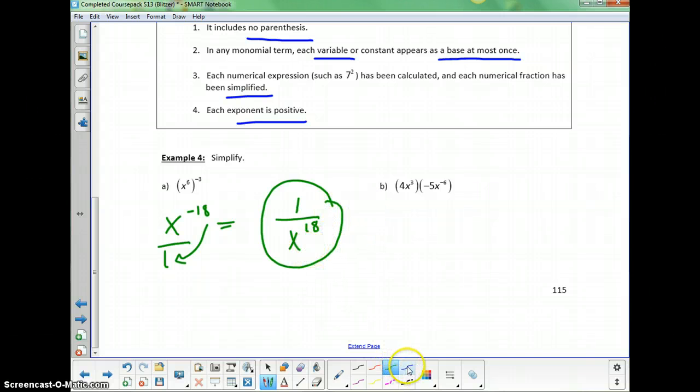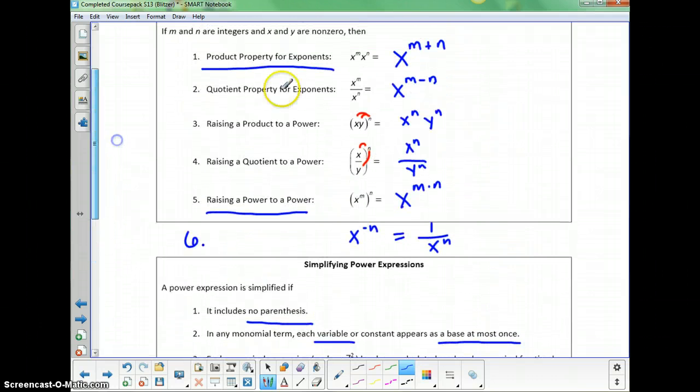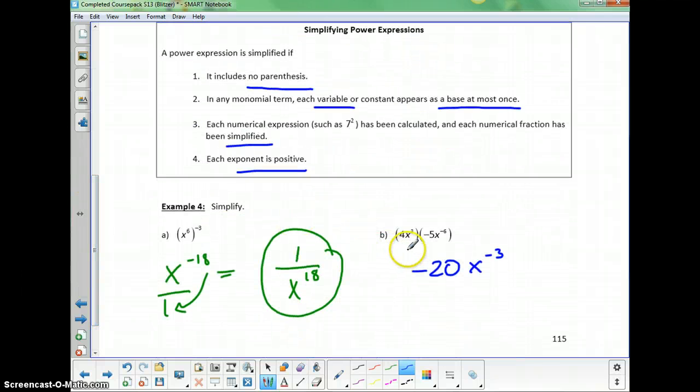Alright, now for the next one, there's multiplication to be done. So let's go ahead and do that multiplication. 4 times negative 5 is negative 20. X to the third times x to the negative 6th is x to the negative third. Now I got that because that's like the number 1 right here. When I have two different x's with different exponents being multiplied together, I'm going to add up their exponents.